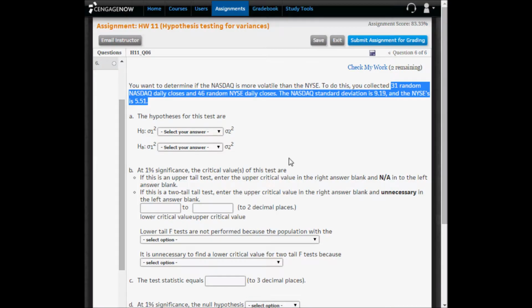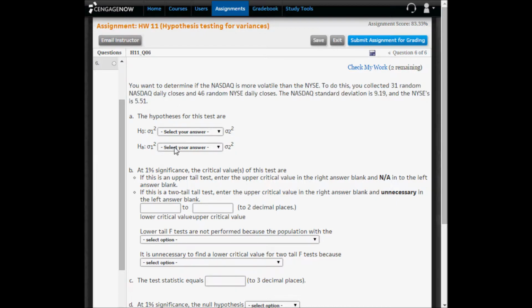In part B, we want to determine the critical values. But before we do that, we have to determine what our hypotheses are. So remember, we want to know if NASDAQ is more volatile than the NYSE. That phrase there is the alternative hypothesis.